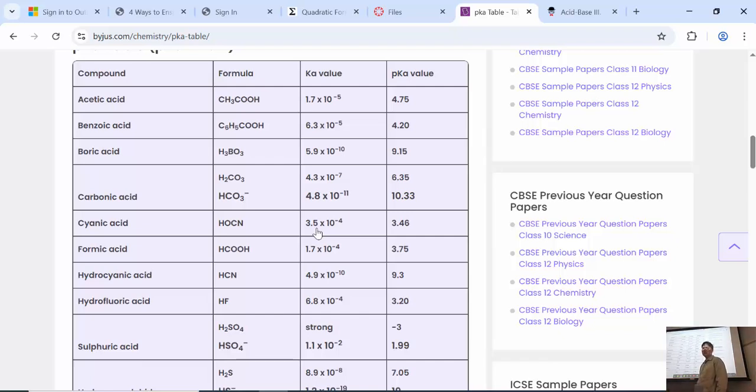Don't remember? It's got a funny name, the CRC, the Chemical Rubber and Company. It's a CRC Handbook of Chemistry and Physics. Is a pretty good source to look, because if I see a conflict like this, then I'd want to get the latest data. And so that's why they got a 4.75, they got a 4.74.